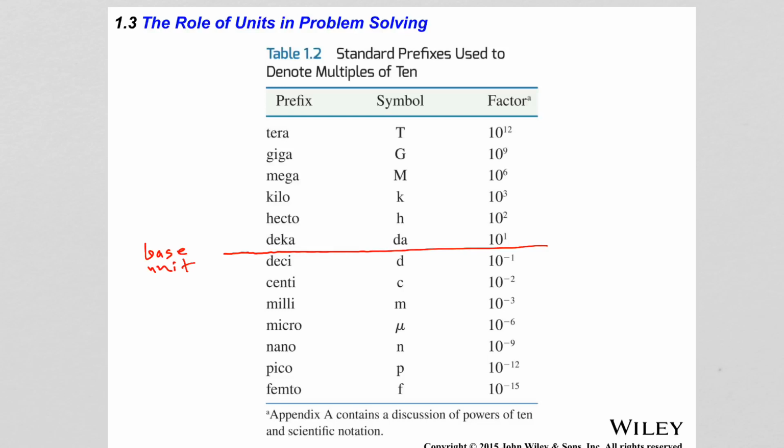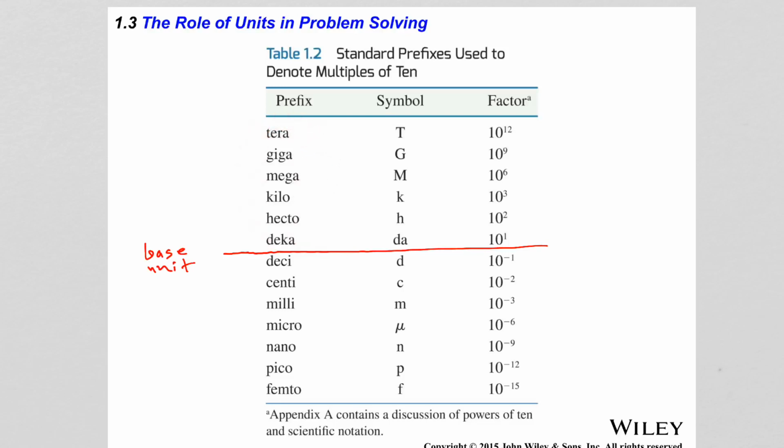And then by multiplying by powers of 10, as shown right here, that will produce larger denominations of the base unit. And so the abbreviations for the prefixes that correspond to those powers of 10 are shown in this middle column, and how these abbreviations are pronounced are shown in the first column.